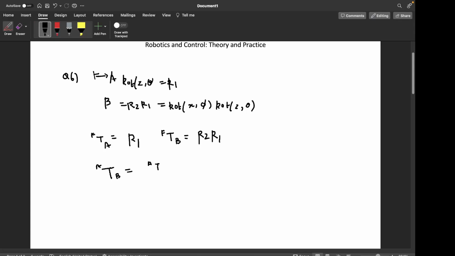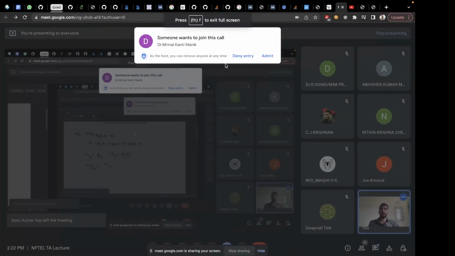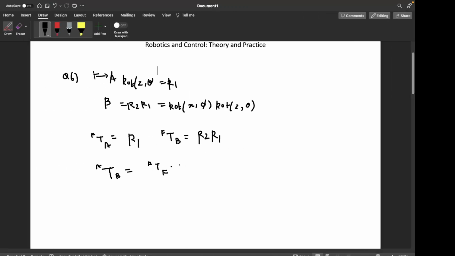First we can write the transformation from A to F, and then the transformation from F to B. This way we can arrive at B from A. Transformation from F to A we know, so the transformation from A to F will be the inverse of that.